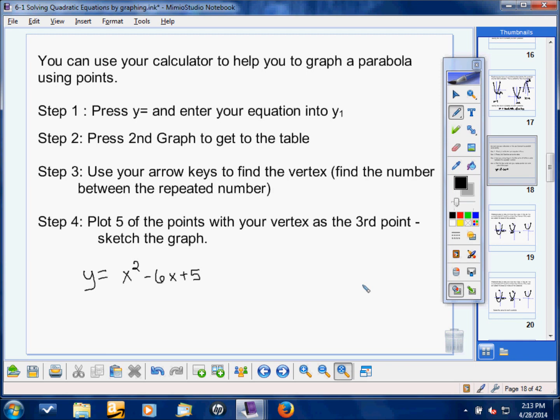So scroll down until you find a number where the number above it and below it are the same. You're going to scroll until you find in the Y column the same number above and below that number.